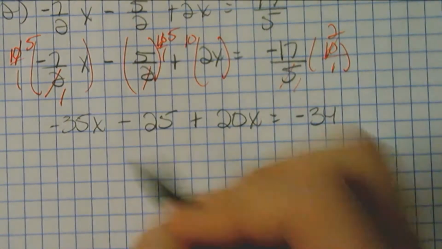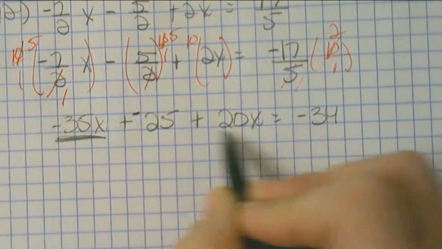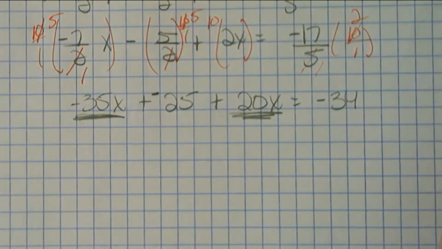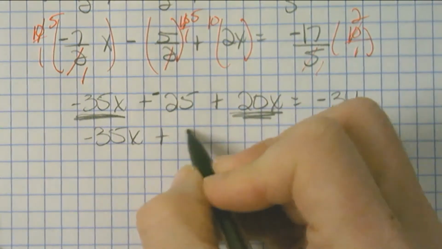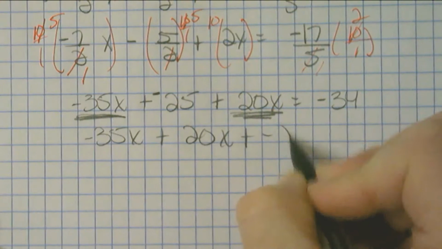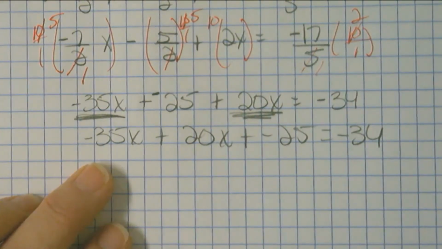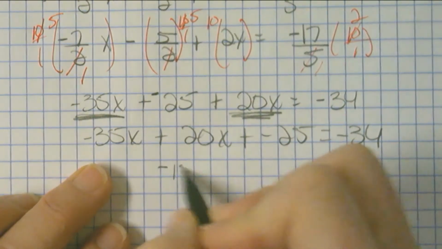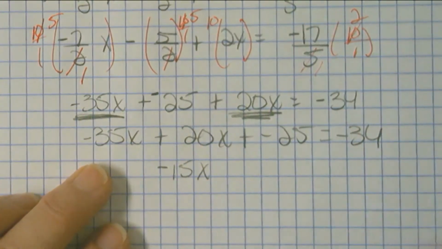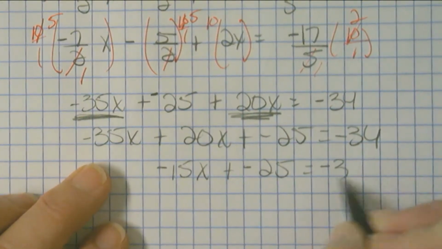Okay, so now I am going to do adding the opposite here, because I have like terms here that I can combine. So I'm going to move those like terms next to each other. And I'm going to add them. Well, negative 35 plus a positive 20 is a negative 15x plus a negative 25 is equal to a negative 34.